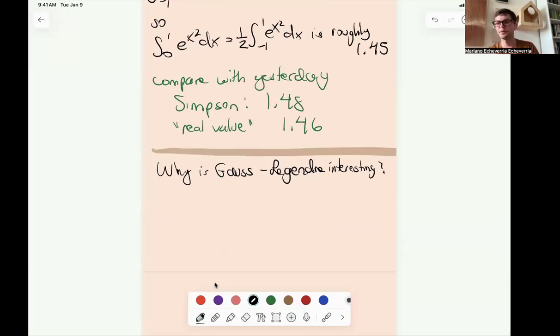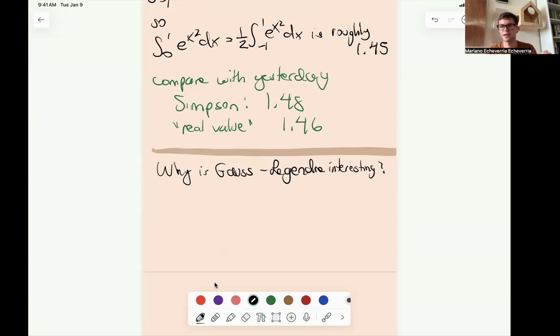Just like yesterday, we had mentioned this before: if, for example, you were using the trapezoid rule for a linear polynomial, there's no approximation.